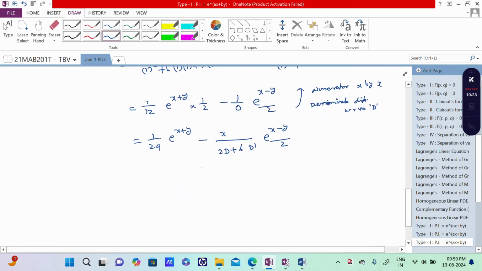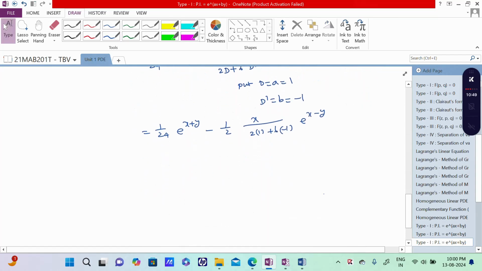Now as usual, put D equal to a, 1, and D dash equal to b, minus 1. When I substitute, this term is 1 by 24 e power x plus y minus, I will take 1 by 2 here, and x by 2 into 2 plus 6 into minus 1, e power x minus y.